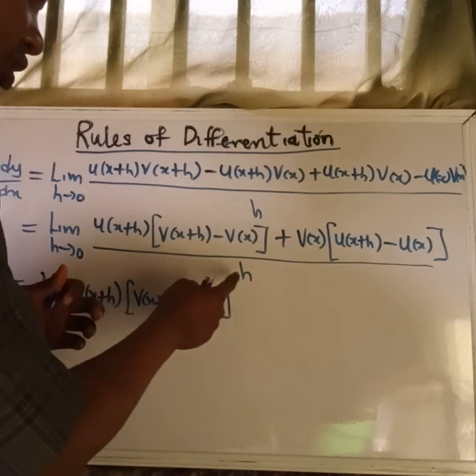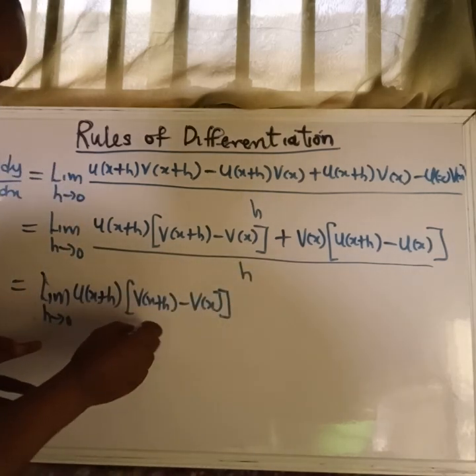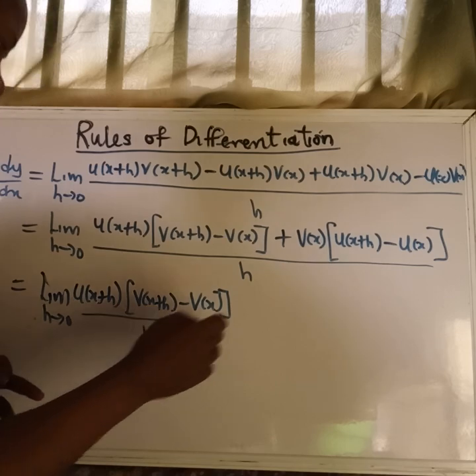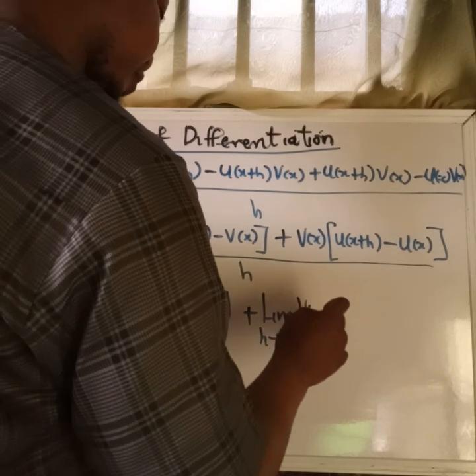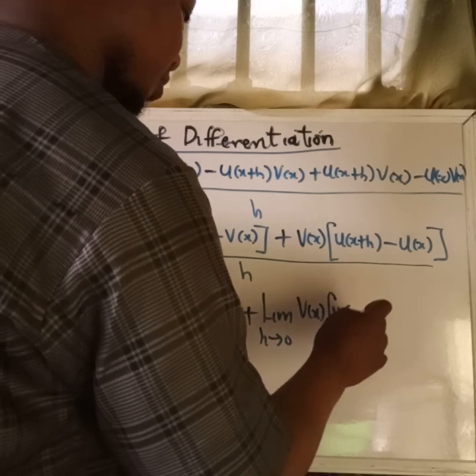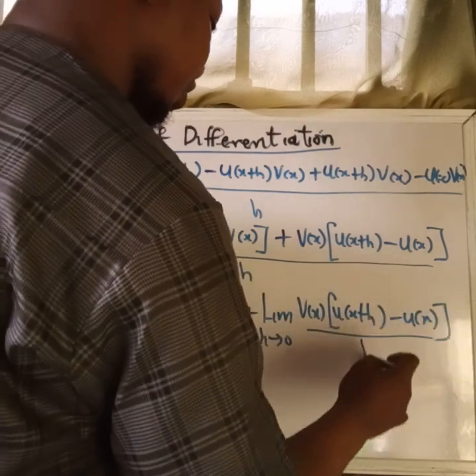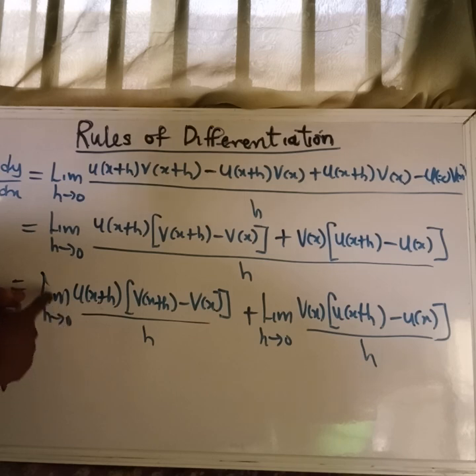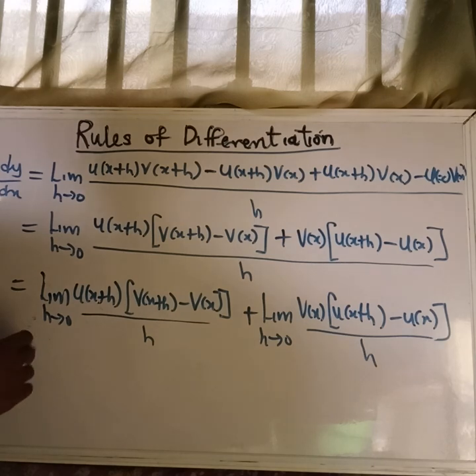Since the two terms have the same denominator, we can distribute the denominator on them, so this will be this plus the limit of v of x times u of x plus h minus u of x, again everything over h. Similarly, we can also apply the law of limit under the product. This limit will affect this and it also affects this.